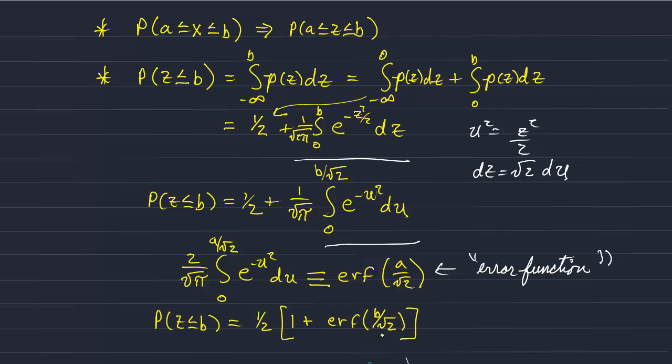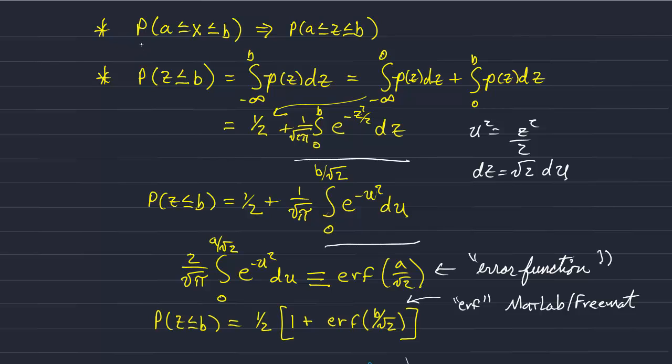Okay, and again, there's tables that you can look up these values, but the ERTH function in MATLAB or FreeMat gives you the integral for this argument. So this tells us how to evaluate the probability of z being less than or equal to b.